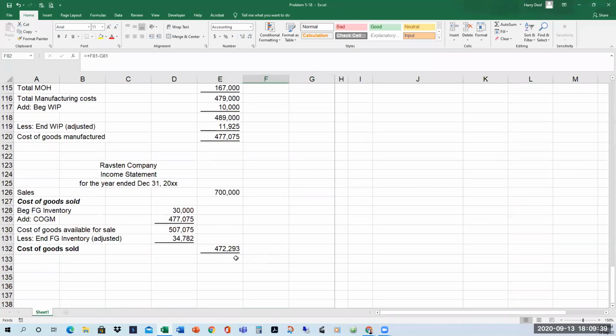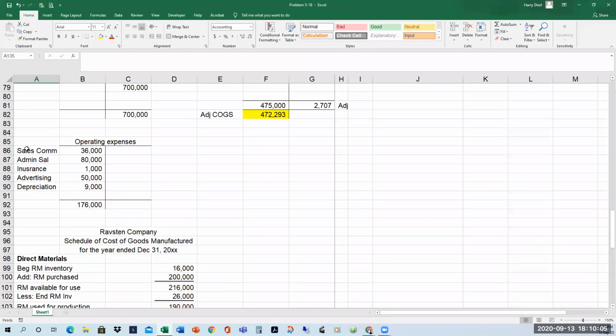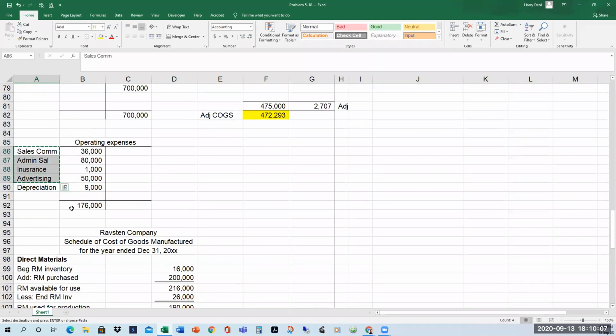All right, after that, it's just a matter of going through the motions. You will subtract the cost of goods sold from sales to get 227,707, and that's our gross profit or gross margin as the textbook calls it. Then we must subtract operating expenses. Now, operating expenses were a whole bunch. We had these items. So working with Excel, it's easy.